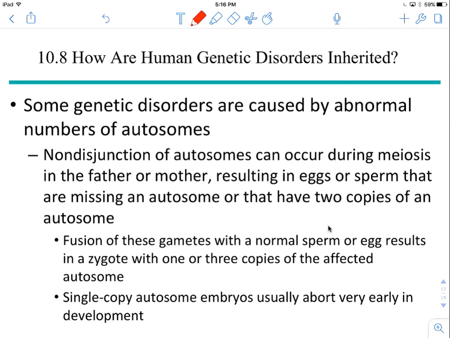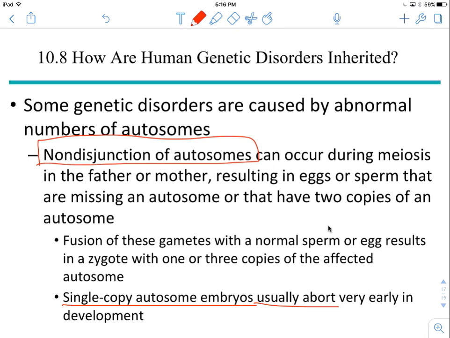Okay. There are other genetic disorders that are caused by non-disjunction of autosomes. Non-disjunction of autosomes can occur just as often as non-disjunction of the sex chromosomes, more so. Again, most of the time, if you have single copy autosome embryos, they usually abort very early on.